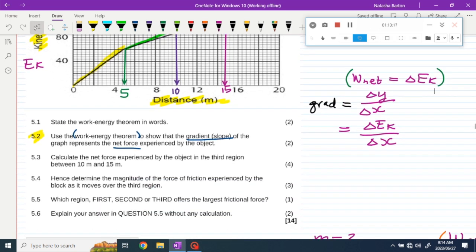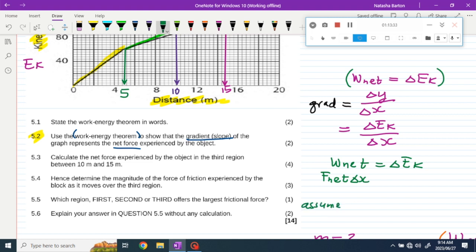Look here. If I take the work energy theorem, net work is equal to change in K. I can expand the left hand side: the net work is also the net force, change in x, cos theta. Let's assume theta is 0, which means cos theta is just 1. And that equals change in Ek.